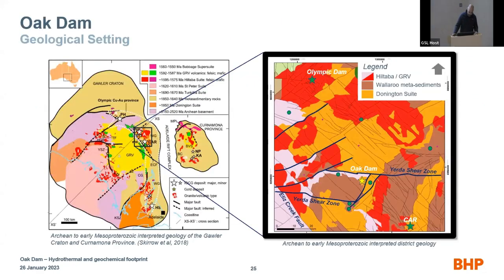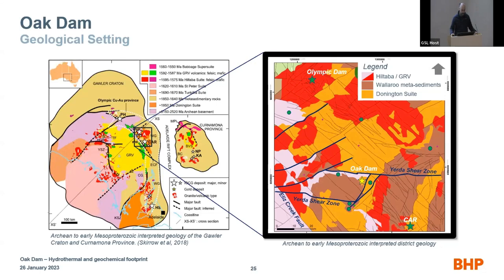If we start with the map on the left, it's an Archean to Mesoproterozoic geology map of the Gawler Craton in the Gawler province in South Australia. Oak Dam is located in the northeastern part of that craton, along with Olympic Dam and Prominent Hill in the Carrapateena area.